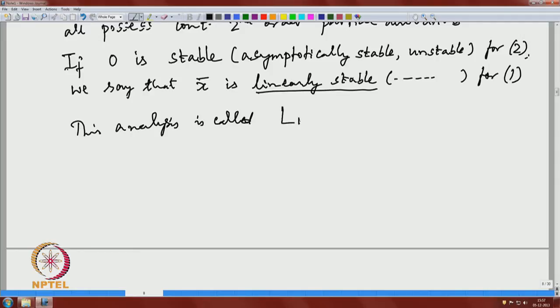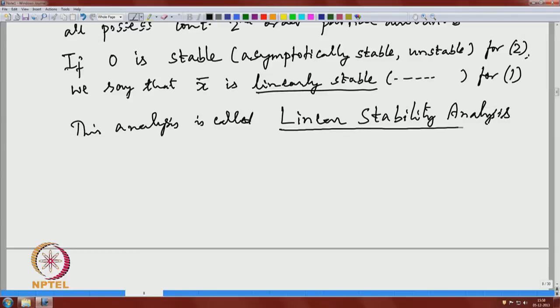linear stability analysis. So, it is not only done in case of ODEs, it is done in PDEs and even more general equations in infinite dimensional spaces, linear stability analysis, and this is routinely done by physicists and engineers, but one should not stop there.